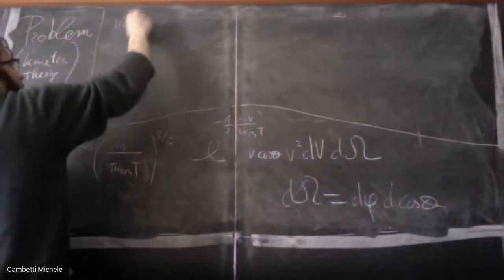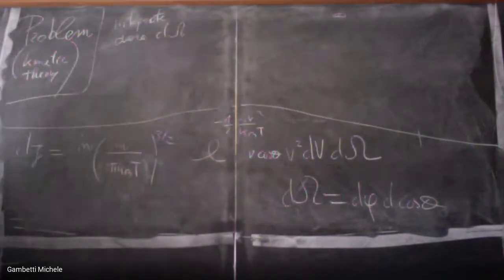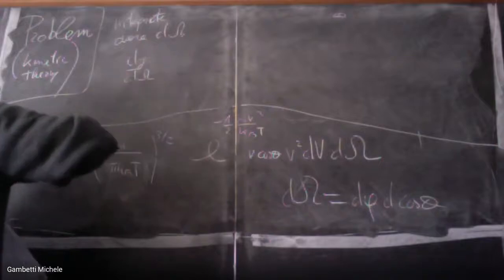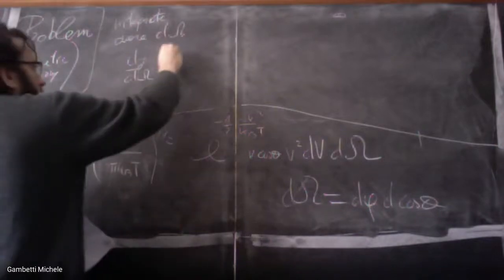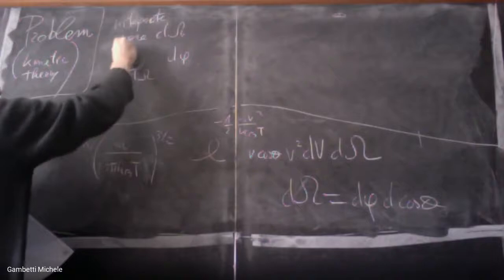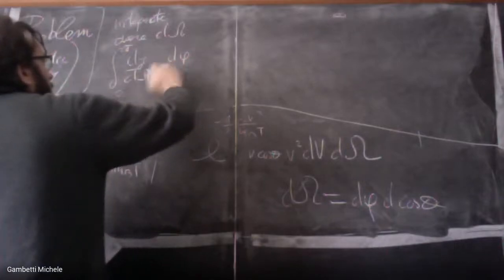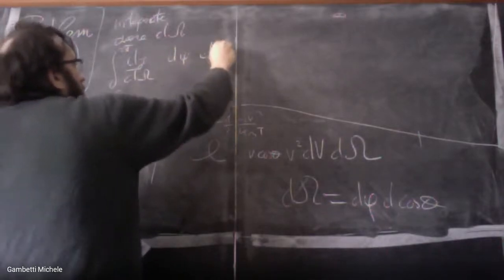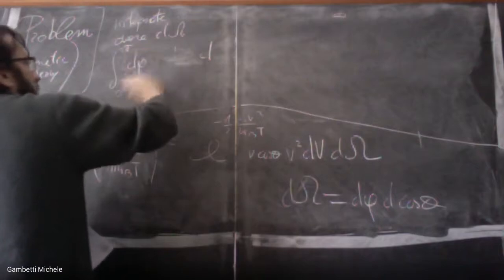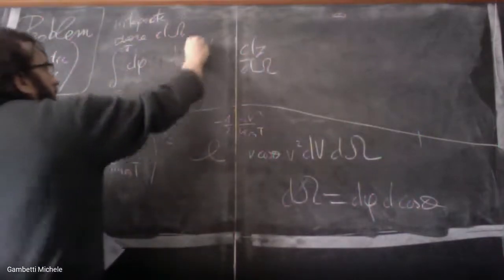When I integrate over dΩ, I have to take dj over dΩ and integrate this in dφ, with φ going from 0 to 2π, and this is fine. And then this is the dp, then I have the dj over dΩ, which is the quantity that I have to integrate, then I have a d cos θ.